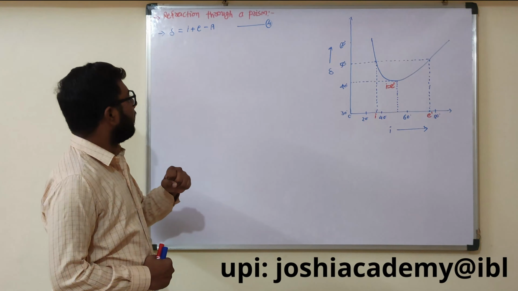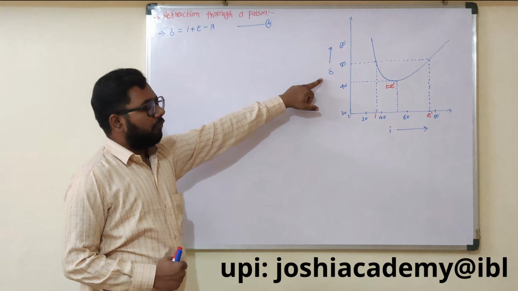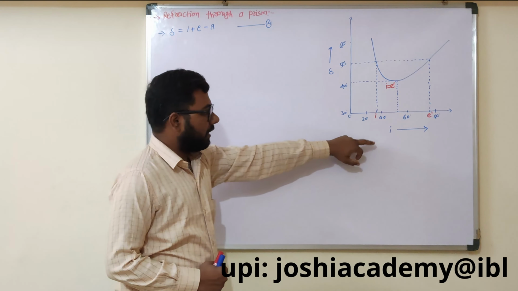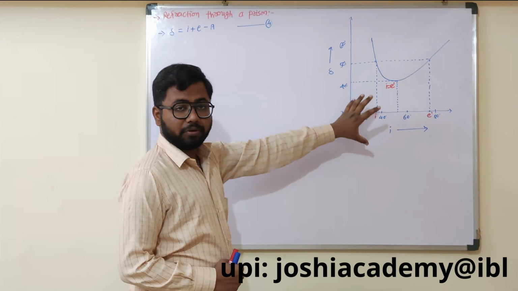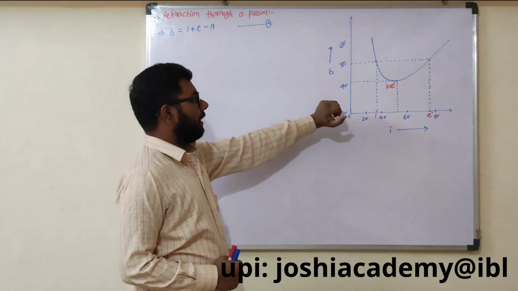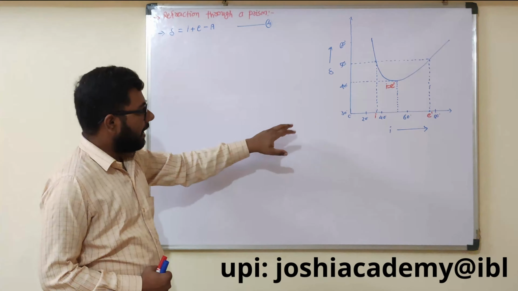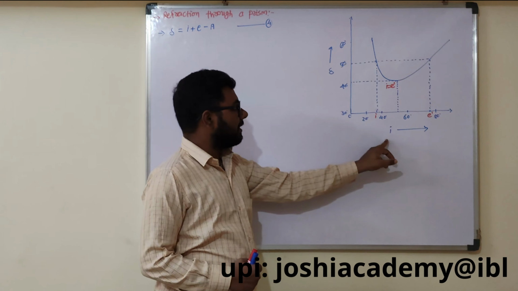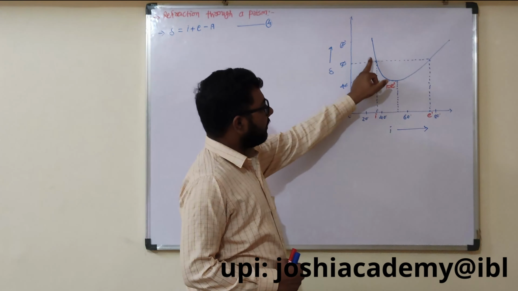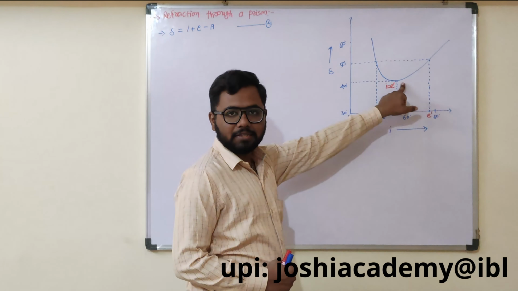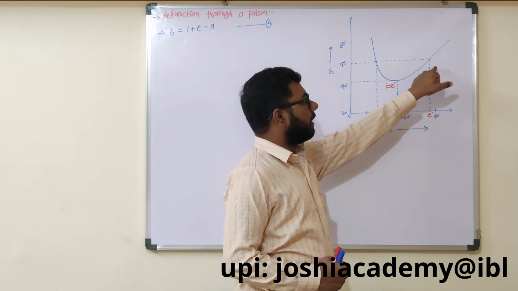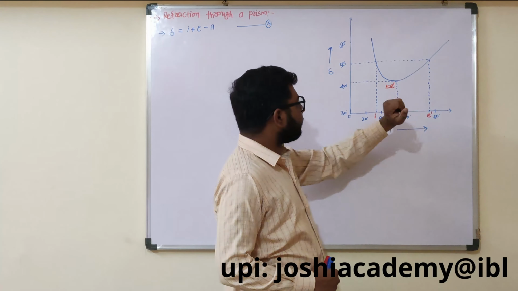Okay, now we know that the angle of deviation depends upon the angle of incidence. This plot is being given over here. Now as you can see, as we gradually increase the angle of incidence, our angle of deviation decreases, and at some point after that it again increases, right?